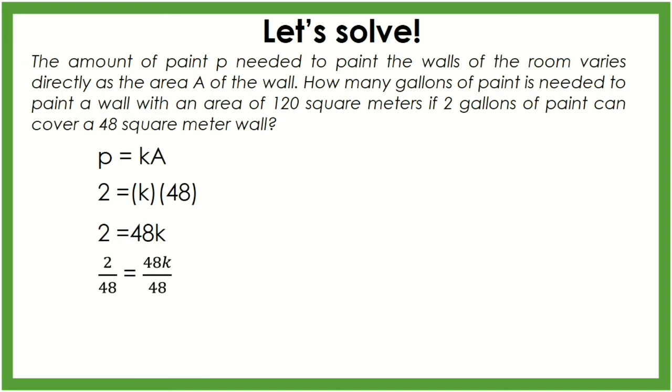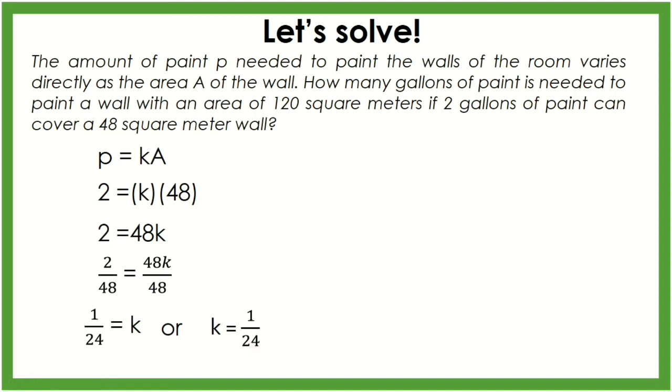Divide both sides by 48. We have 2 over 48 is reduced to lowest term, 1 over 24. And then, 48K over 48 is K. Or, we have K equals 1 over 24.